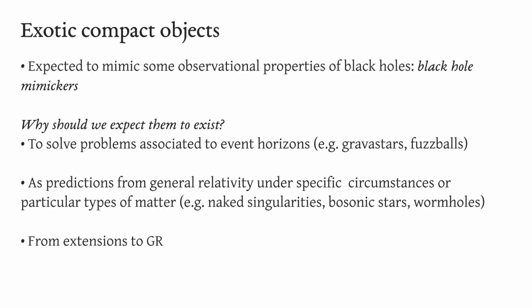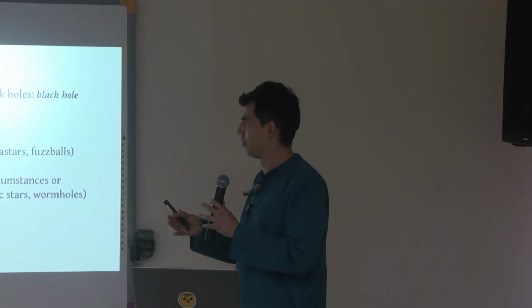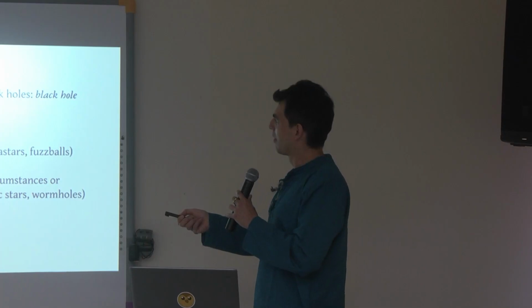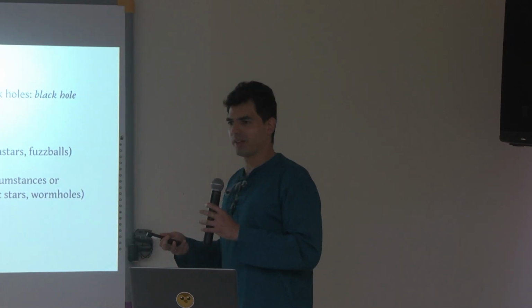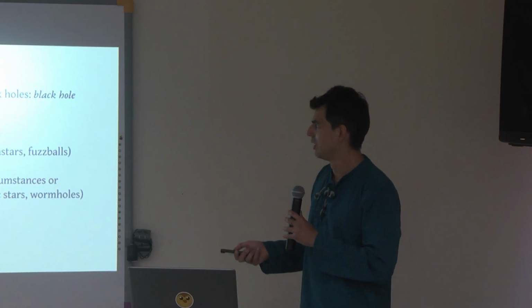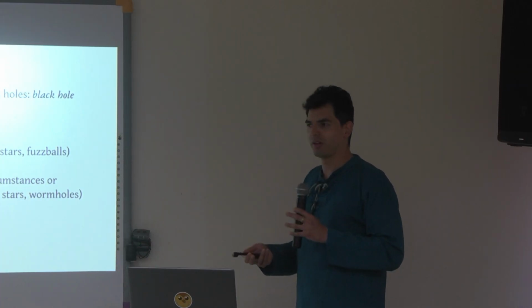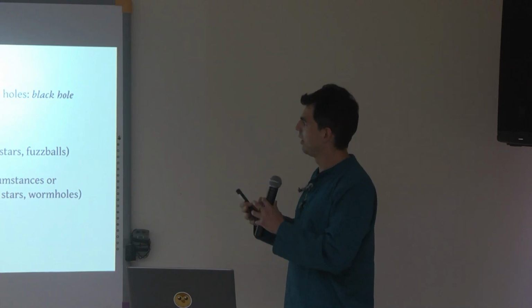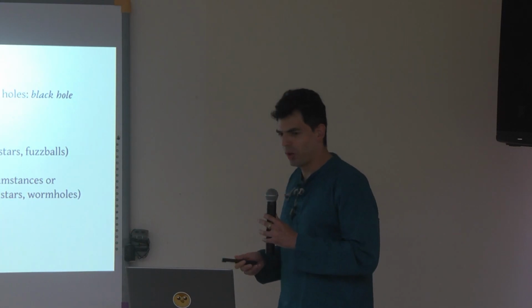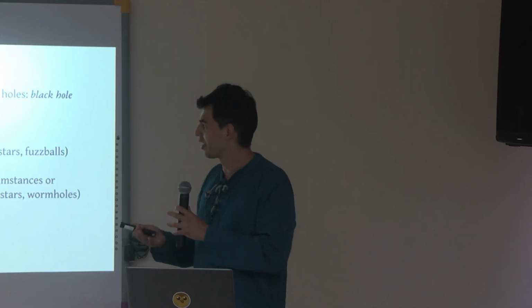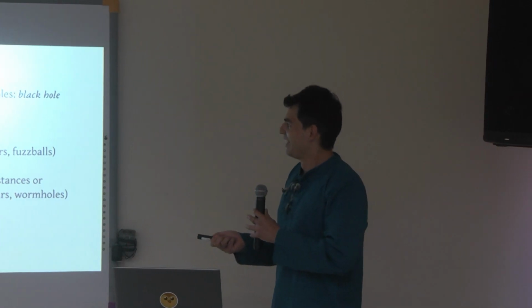So, then let's go back to these exotic compact objects. Several of these hypothetical objects that have been proposed in the literature are expected to share some observational properties with black holes, and this subset of models is what can be called black hole mimickers. But where should we expect them to exist?